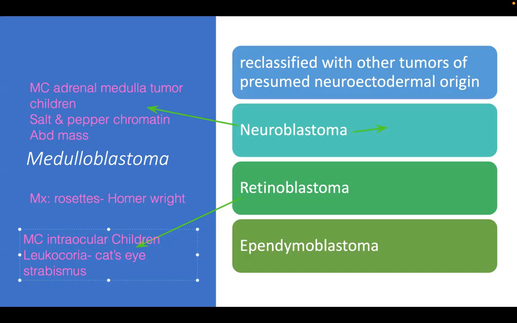Now, retinoblastoma usually presents as an intraocular tumor, microscopic pearl. If the neuroblastoma has the Homer-Wright pseudorosettes, a retinoblastoma microscopically would now have the Flexner-Wintersteiner rosettes. These are the things you'd bring with you to your exam.